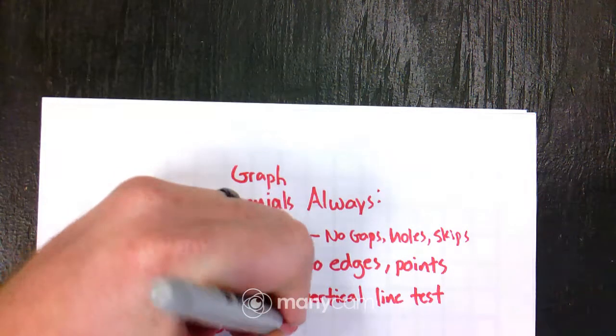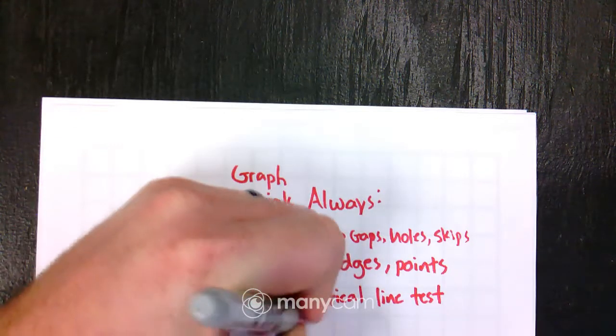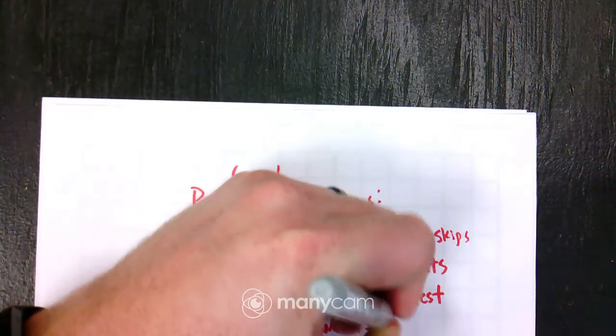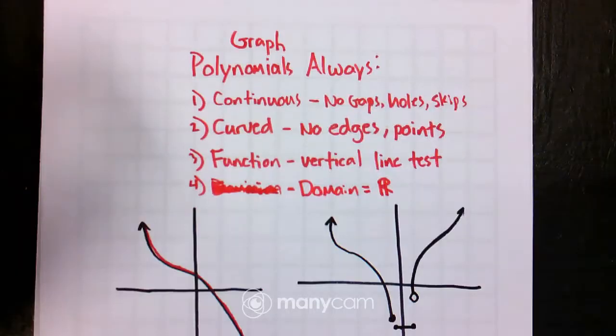Sorry, not dominion, domain. The two words are kind of interchangeable. Domain equals all real numbers, negative infinity to positive infinity. The domain is all real numbers.